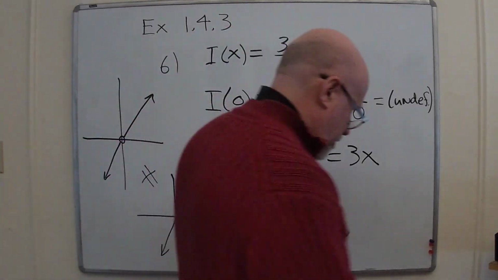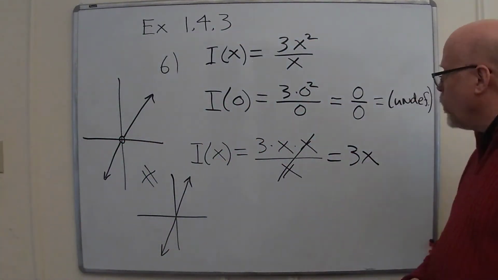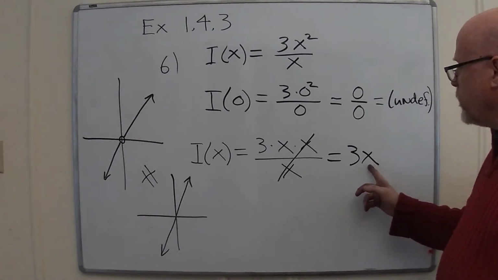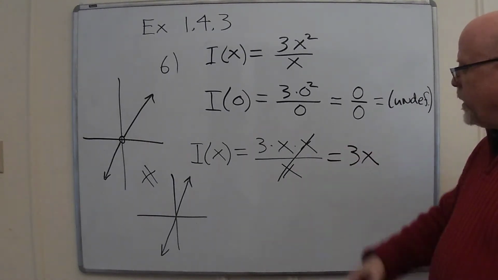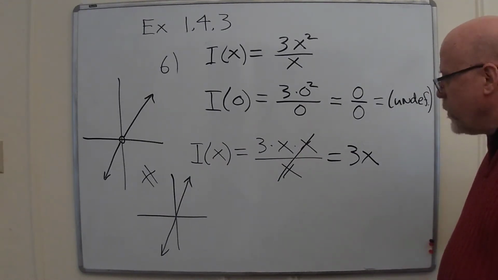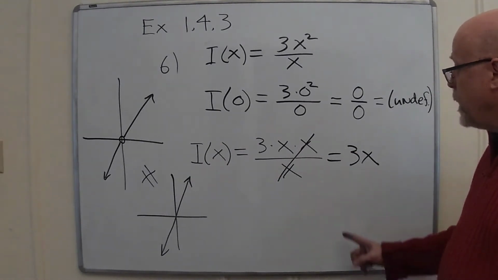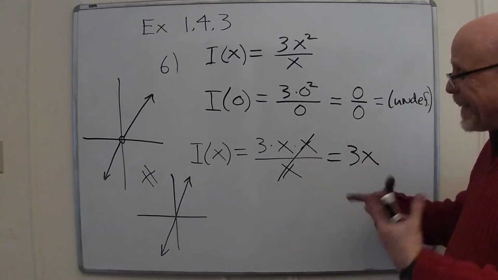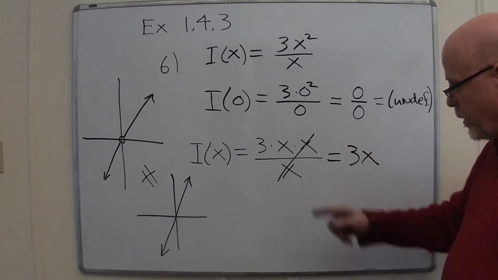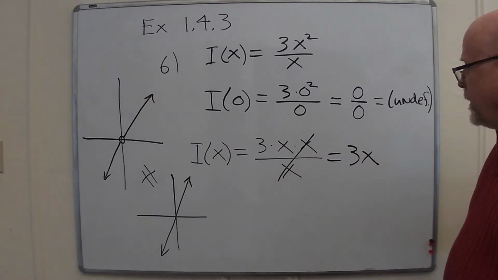I feel like I'm beating a dead horse here, but there's a quick way to see that this is not quite the same. What's really going on when I cancel something like that in the numerator and denominator? What I'm really doing is dividing by that number. By calling it canceling, I've just kind of hidden from you the fact that I was actually dividing both numerator and denominator by x.